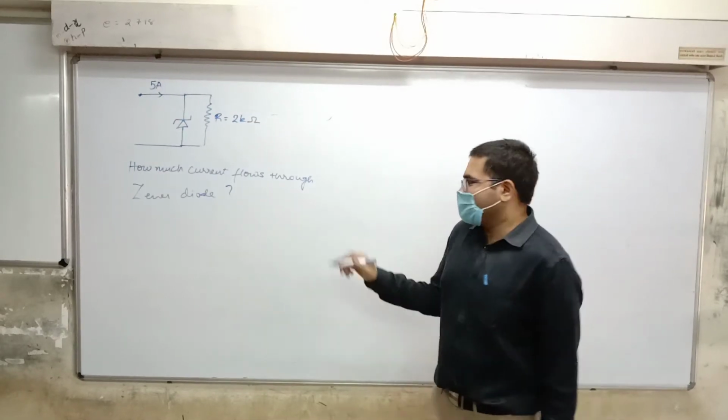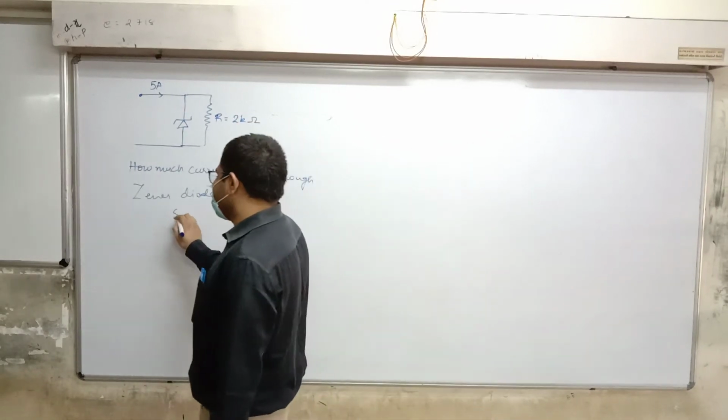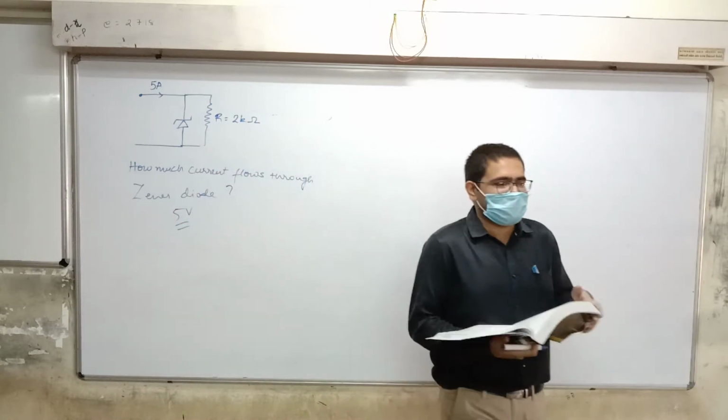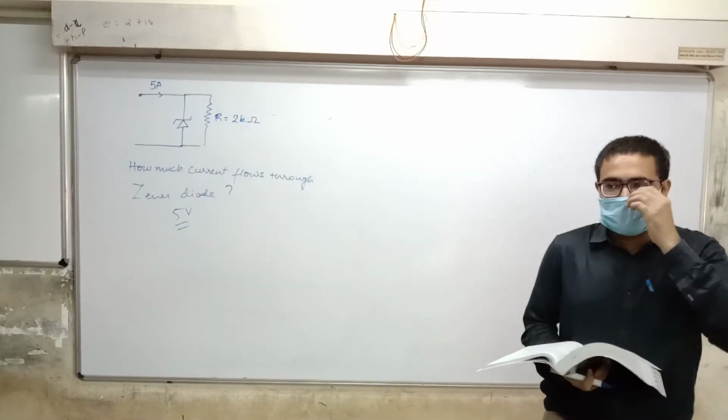How will you answer? Use the standard Zener diode, and take the Zener diode reverse bias voltage as 5.